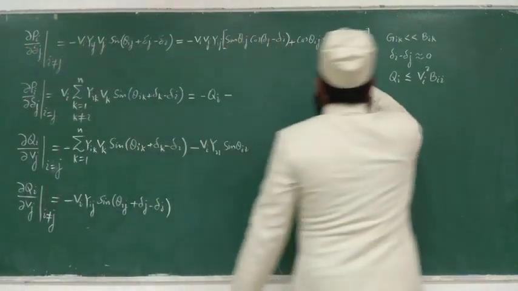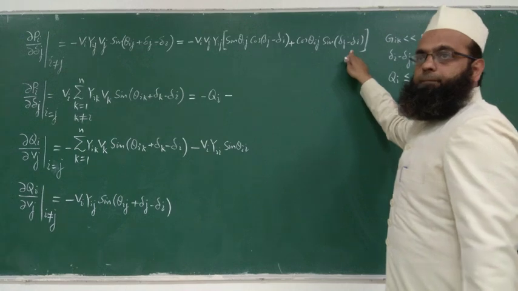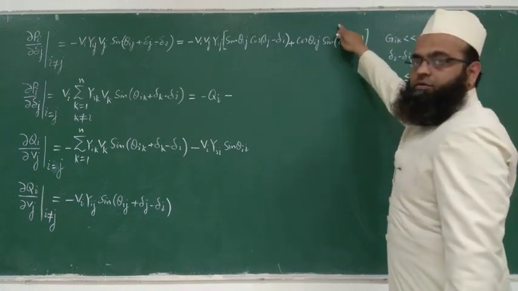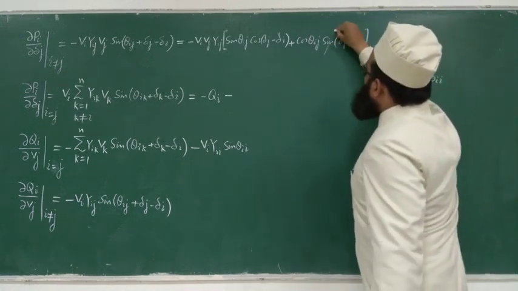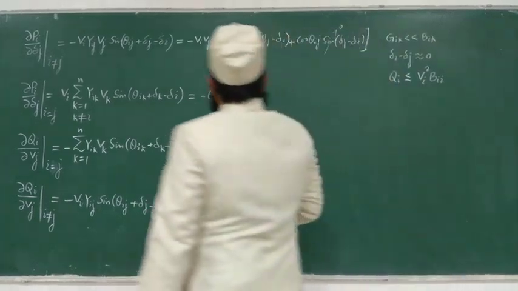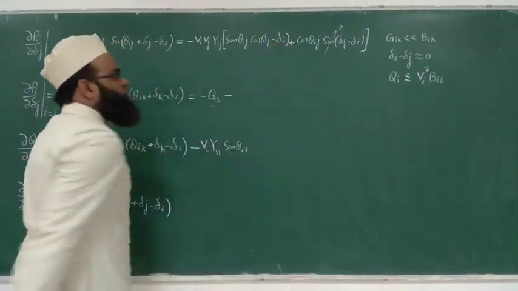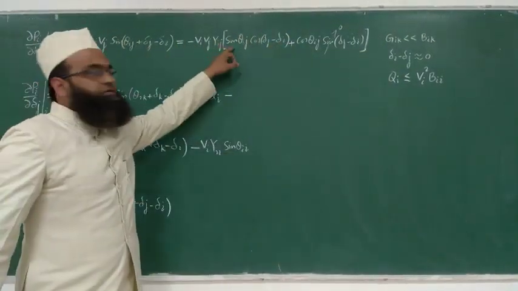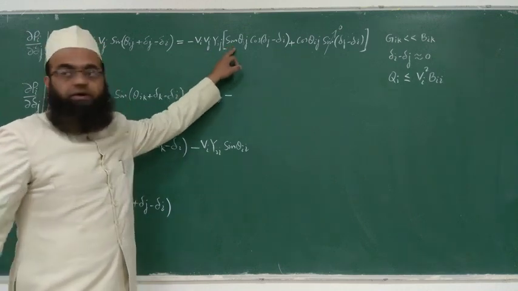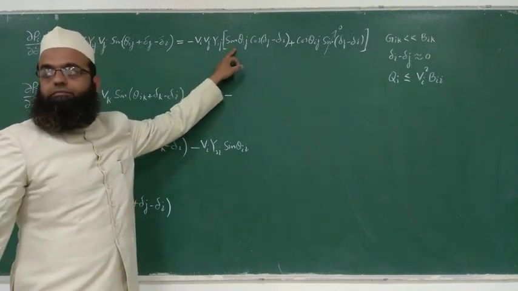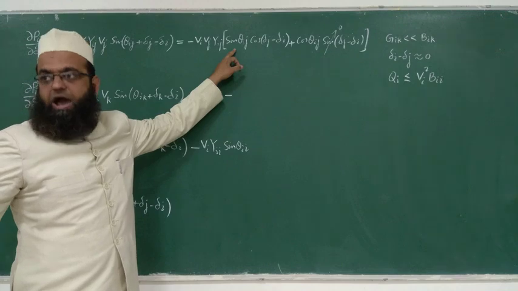We have assumed that this is very small, so that will be 0. That term will vanish. This will not be 0; this will be nearly equal to 1, and what remains is Yij sin theta ij, which is Bij.